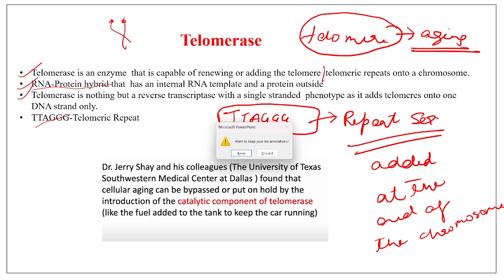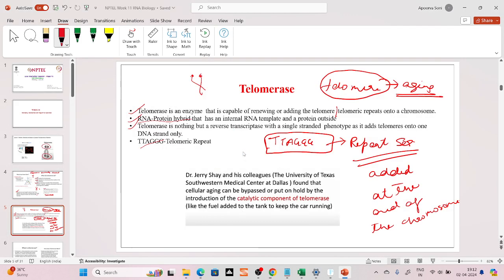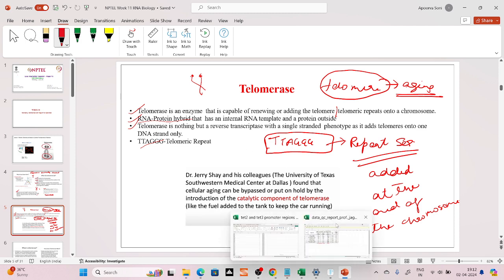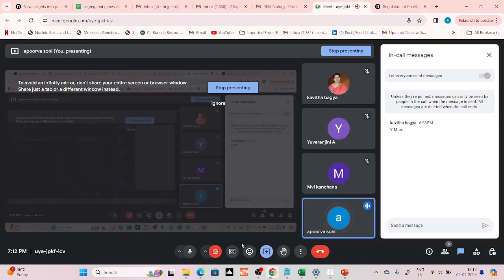So for example, skin cells. We talk about somatic cells, which are important for, suppose, skin. So you see that over time, skin gets old, it gets shrunken, it gets very fragile. Why?